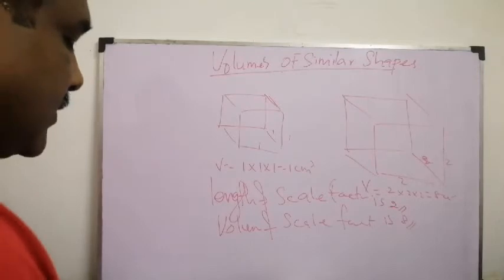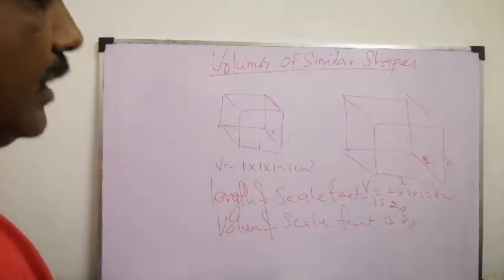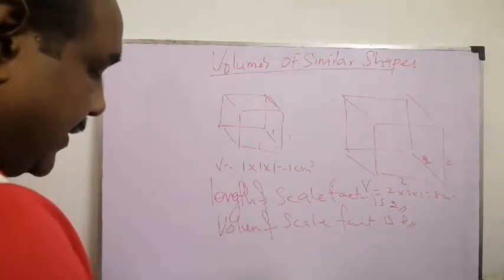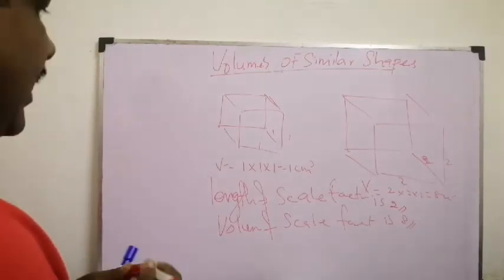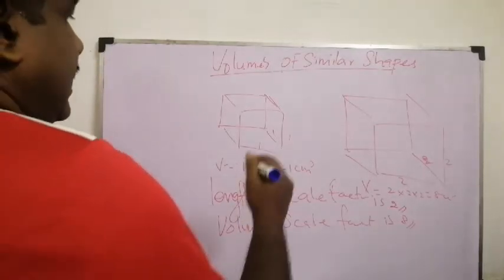That means when you change by 2, it's going to be cubic. So it's very simple.